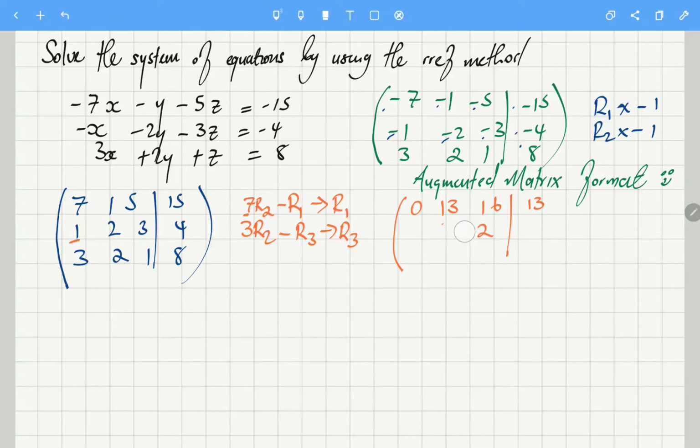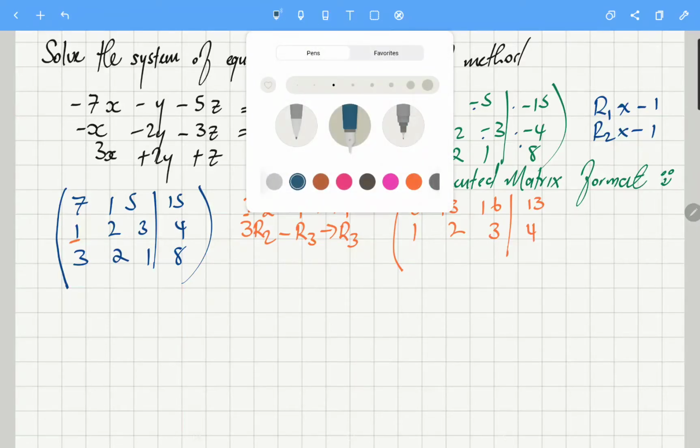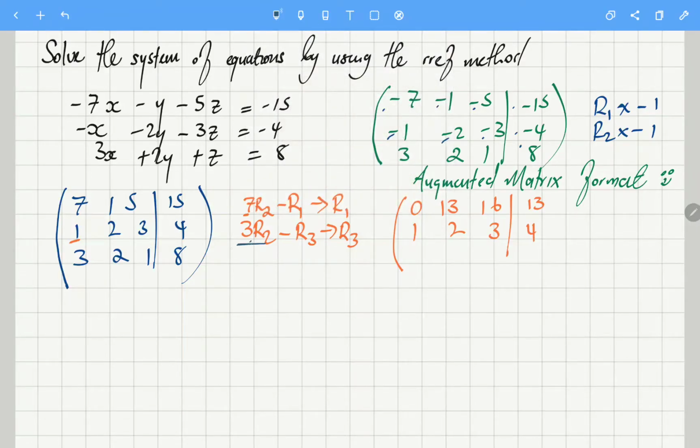So my row 2 stays the same: 1, 2, then 3, 4 there. And then my 3 row 2. So 3 times 1 is 3, minus 3, that becomes a 0. And then you just do the same thing with the 4 and the 8, and that becomes 4.